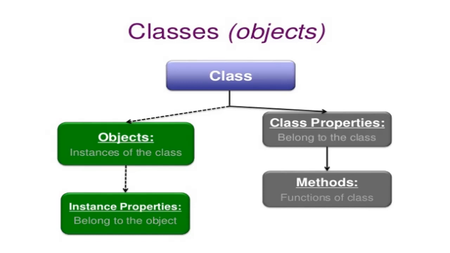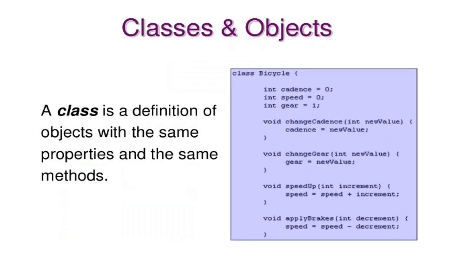In this slide I define a simple class, bicycle, which has its own data members and member functions. A class is a definition of objects with the same properties and same methods. Here I define some data members, for example, integer speed and integer gear.